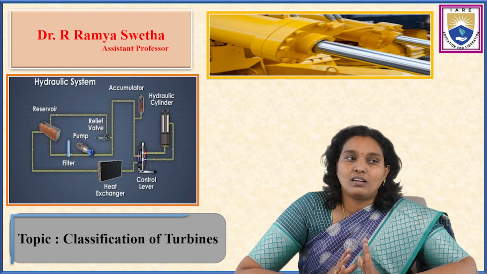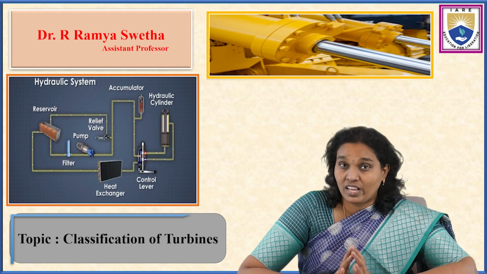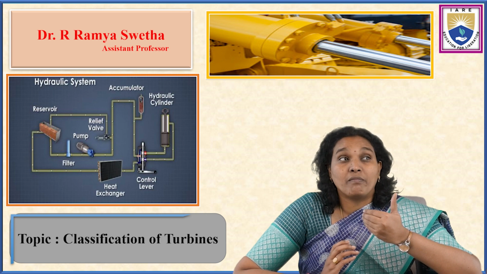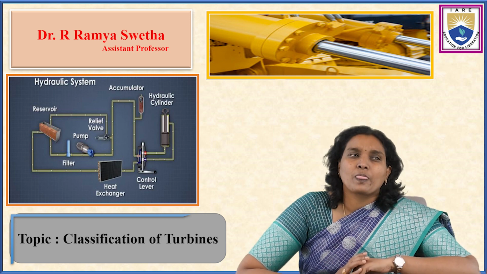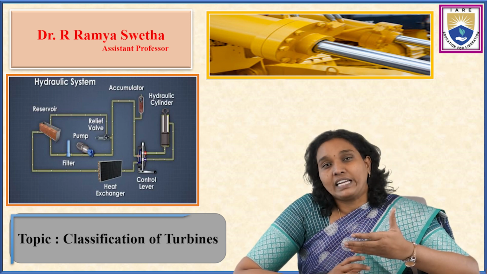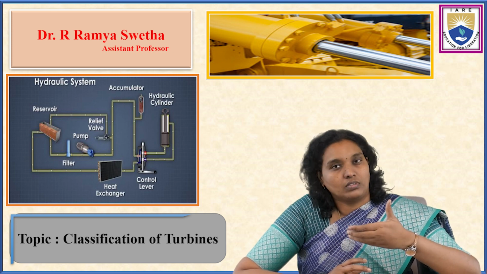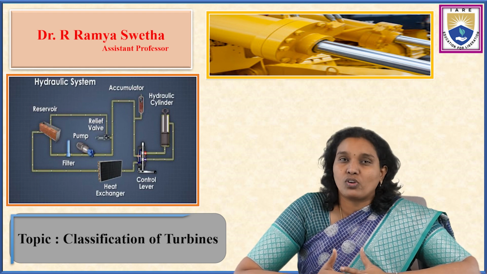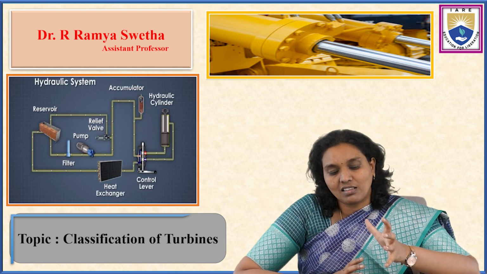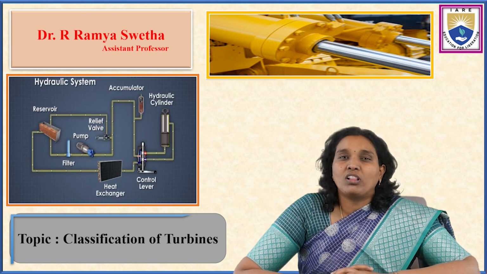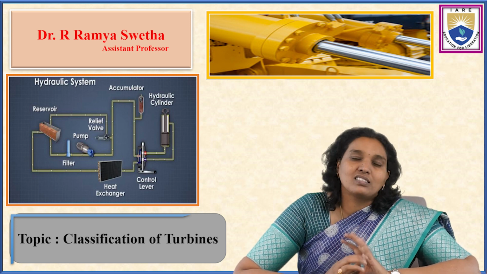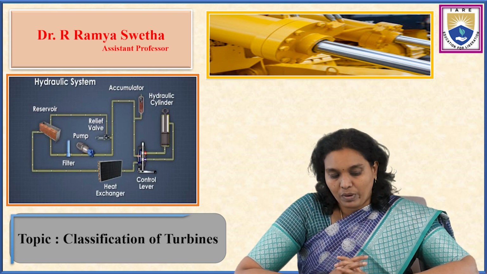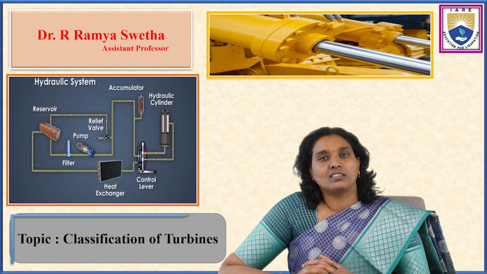Based on the parameter which we are considering, whether it is head, specific speed, the working principle of that particular turbine, or the way the water enters the turbine, we are going to categorize these turbines. So this is our today's topic.